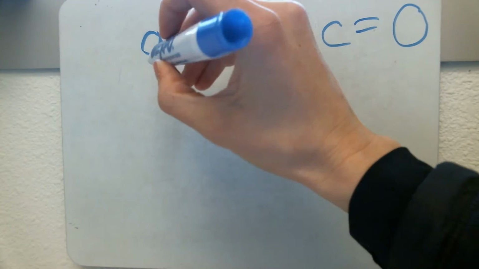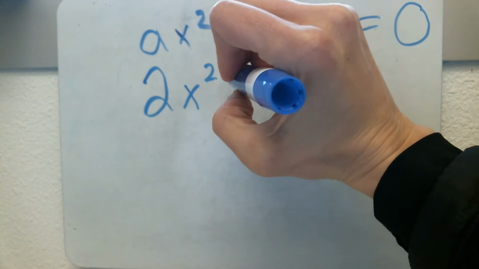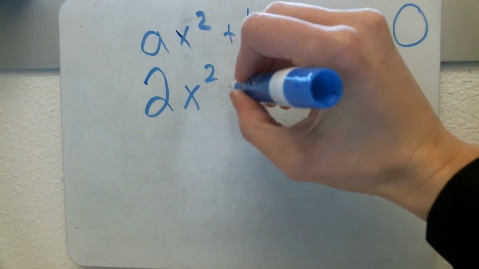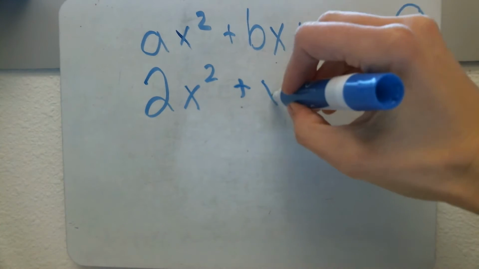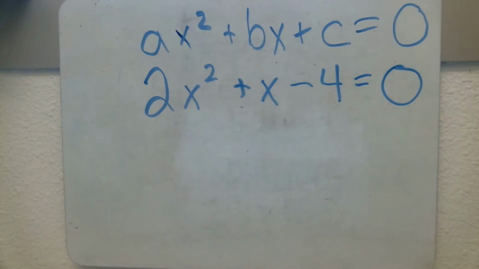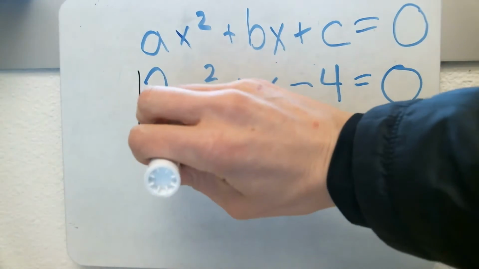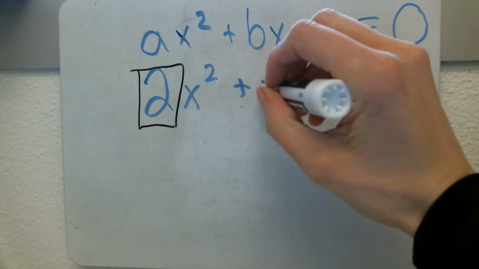So let me give you an example. We might have 2x squared plus x minus 4 equals 0. As I look at this, in this case, I know my a value is 2. My b value is going to be what?